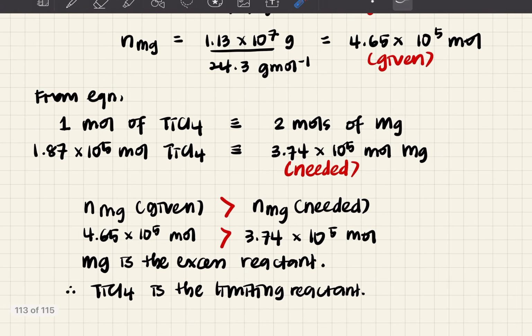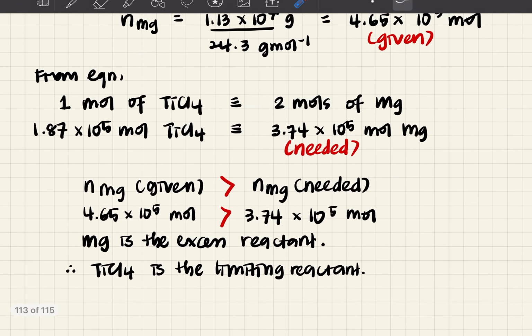Okay, so sekarang kita nak cari limiting reactants apa. So we found out that magnesium is the excess reactant sebab the mole of magnesium given yang awak ada is a lot, so much more, so extra daripada what we need. So that means that magnesium is excess lah. So therefore automatically titanium chloride is your limiting reactant.